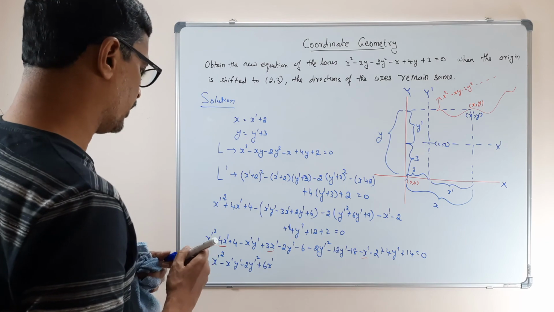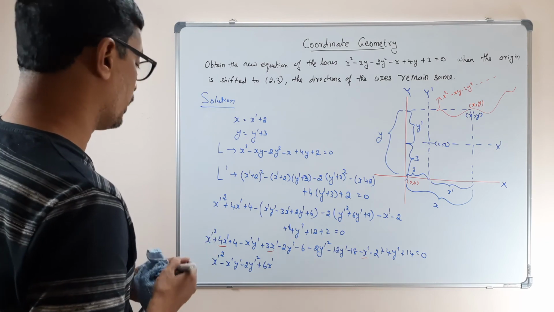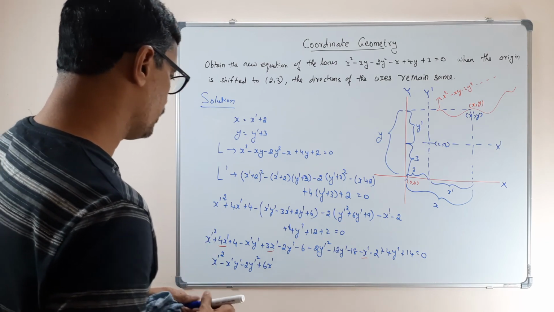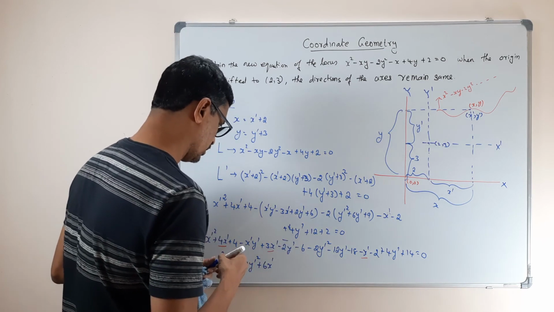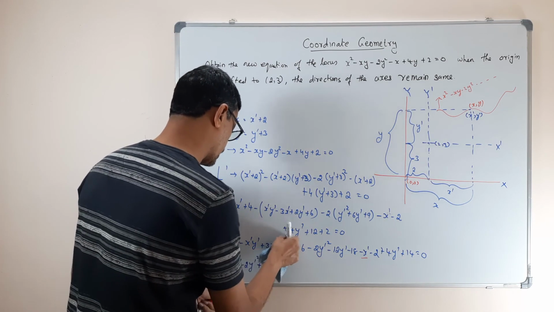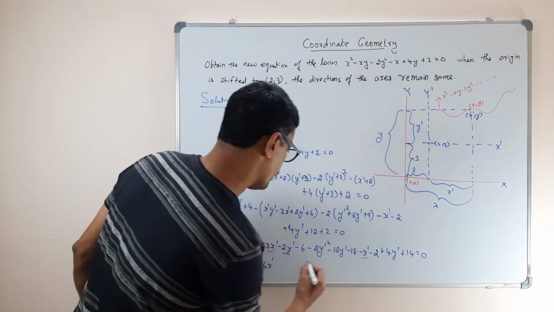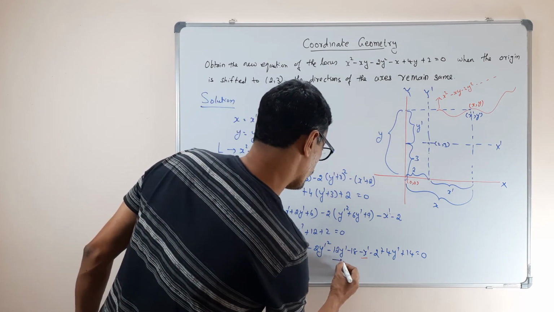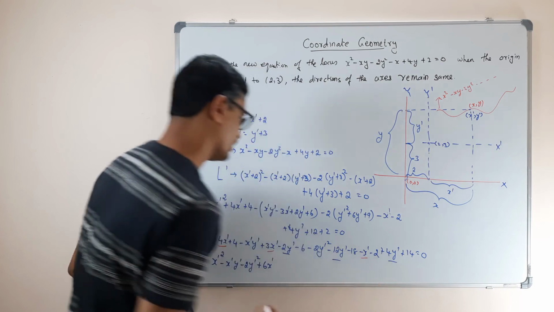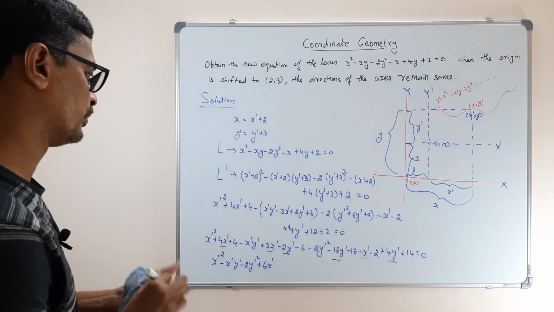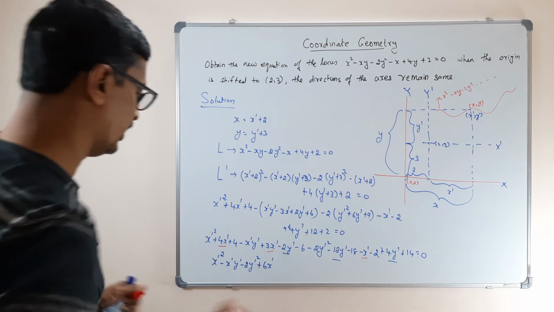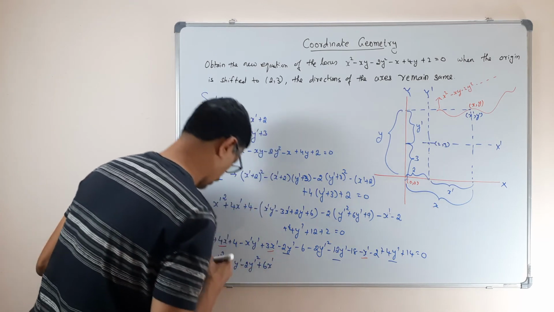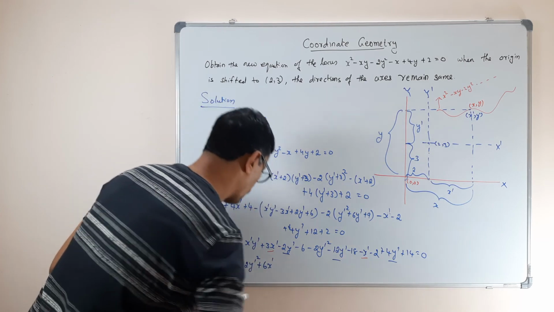Then the y prime. Let us go for the y prime terms. What are the y prime terms? Minus 2y prime, this one. Sorry, let me make it as minus 12y prime, right? And this one. Correct? These three terms. Minus 10y prime, correct?